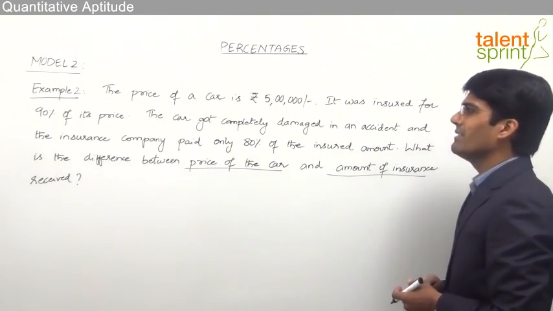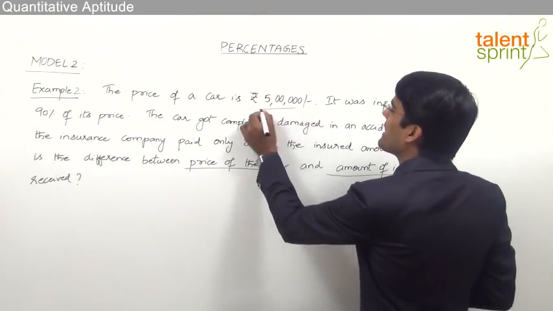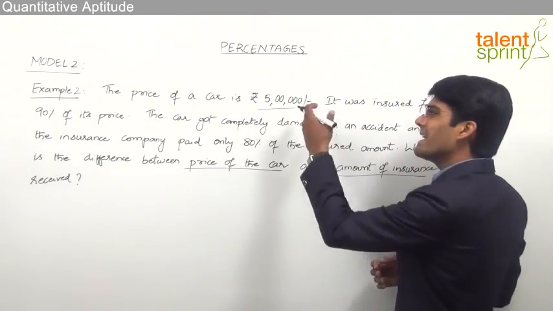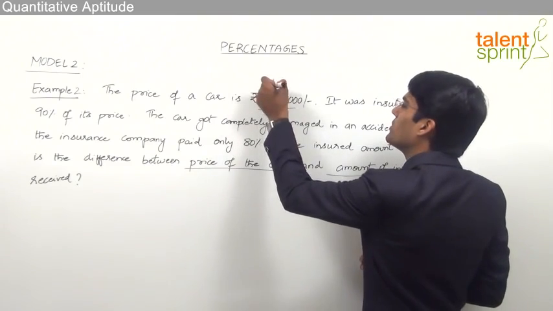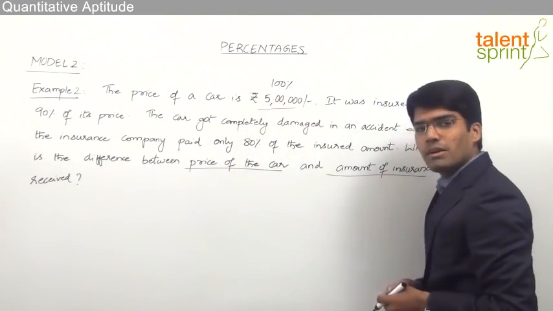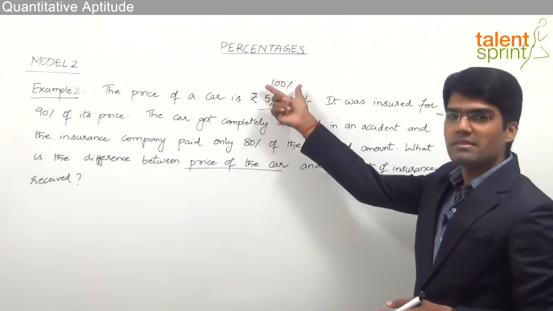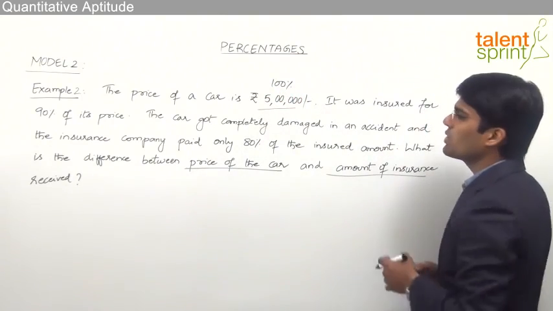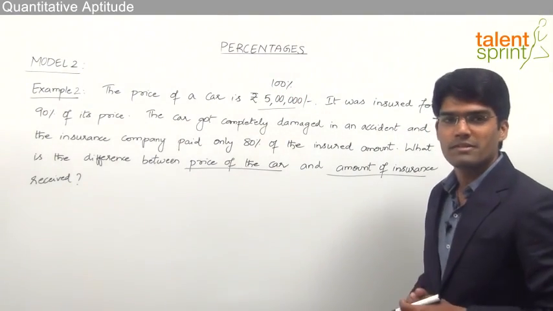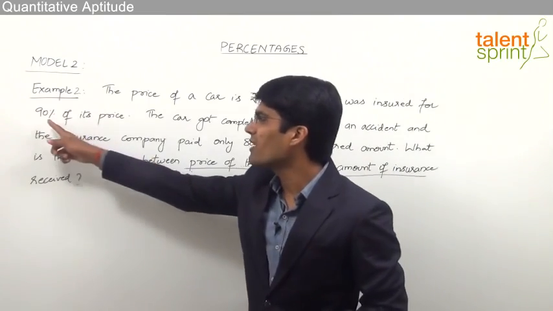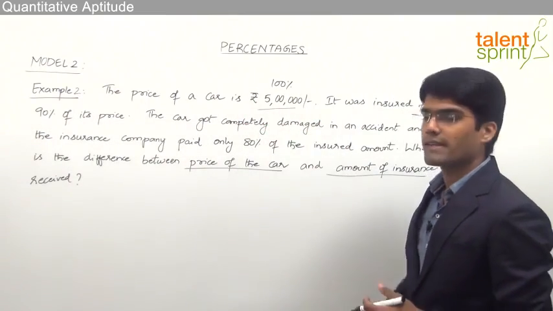Now, as given in the question, the price of the car is rupees 5 lakhs. We can take this 5 lakhs equivalent to 100%. That is nothing but the total amount is 100%, which is 5 lakhs. Now, it was insured for 90% of its price. That means it was insured for 90% of 5 lakhs.